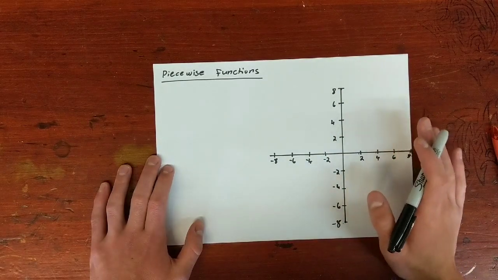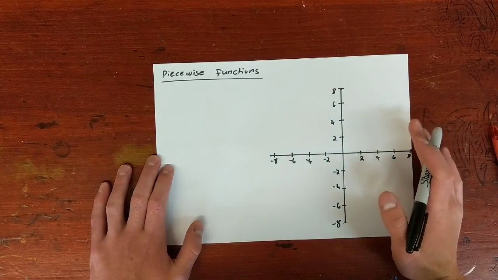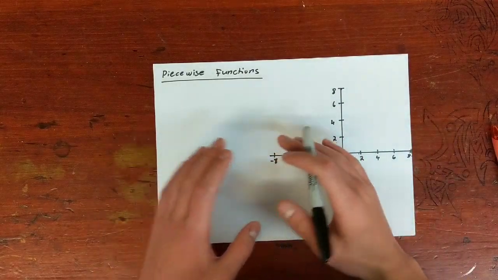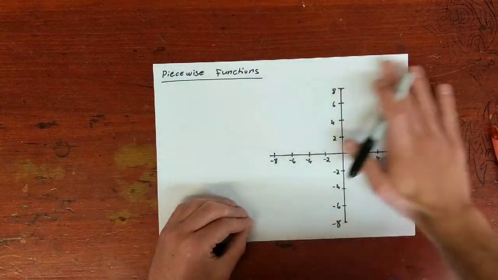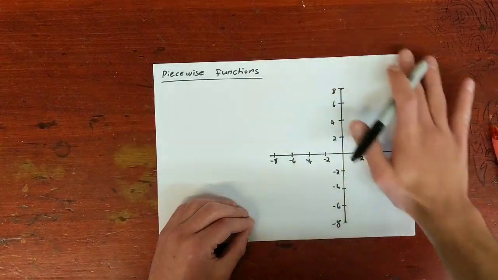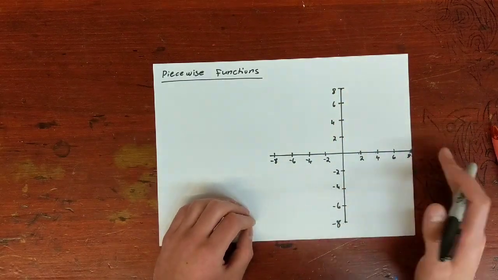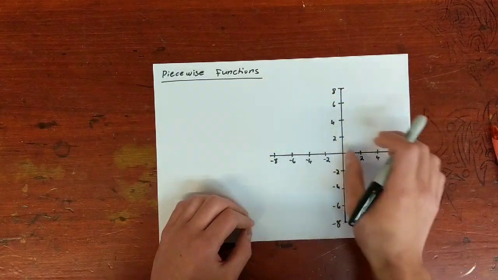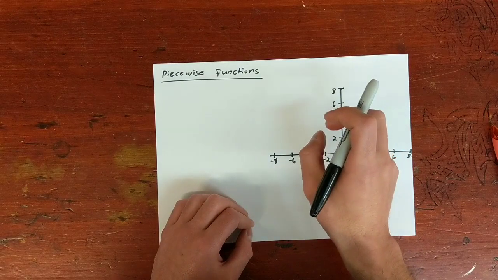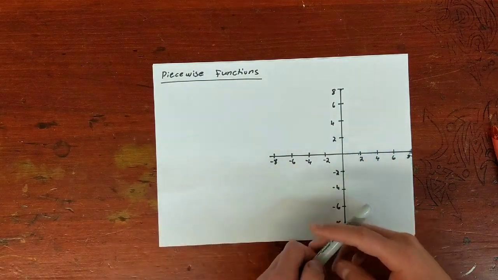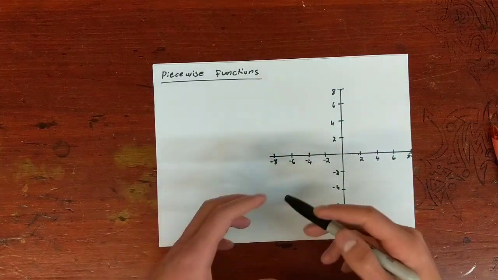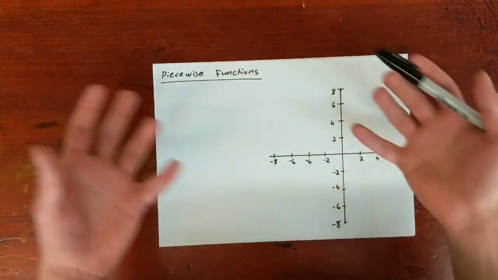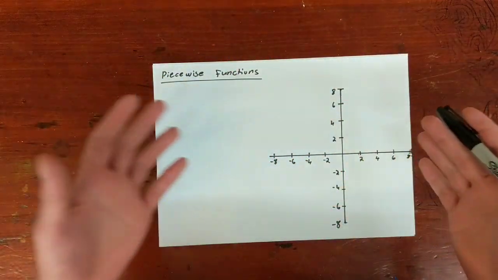Now we're talking about what if, instead of having one equation that we apply to our whole xy plane, we cut it up so that for different parts of the graph there are different linear equations that apply. That's how it gets the name piecewise, because we're cutting our equation into pieces.